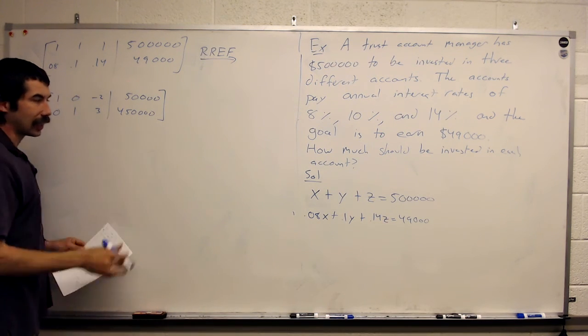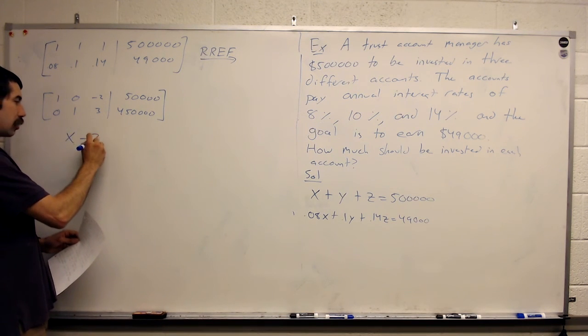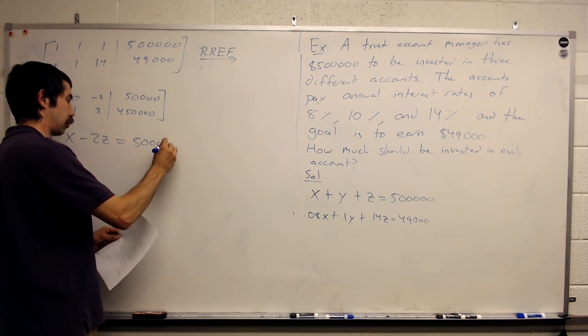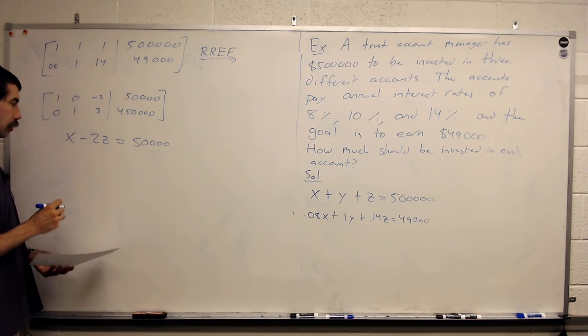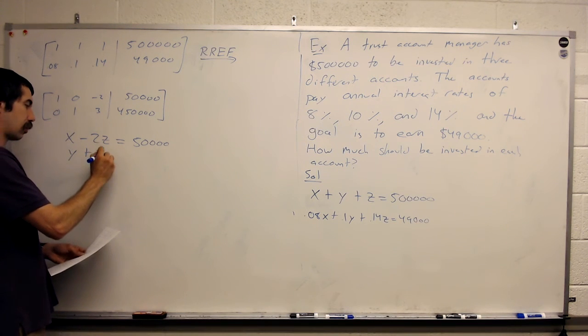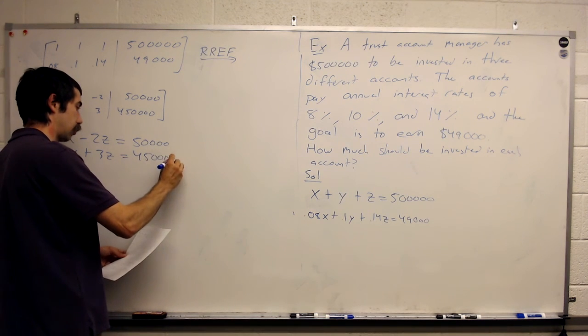Let's write each of these as an equation. This top row says that x minus 2z has to be 50,000. The next row says y plus 3z equals 450,000.